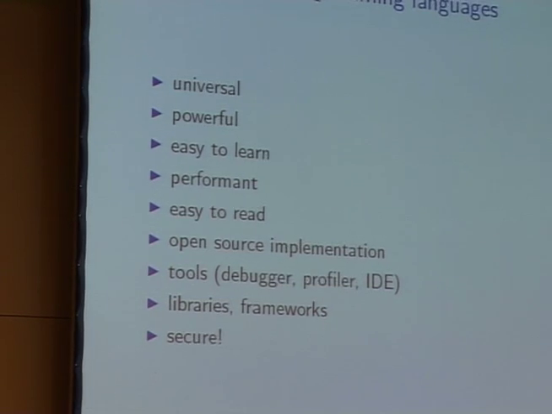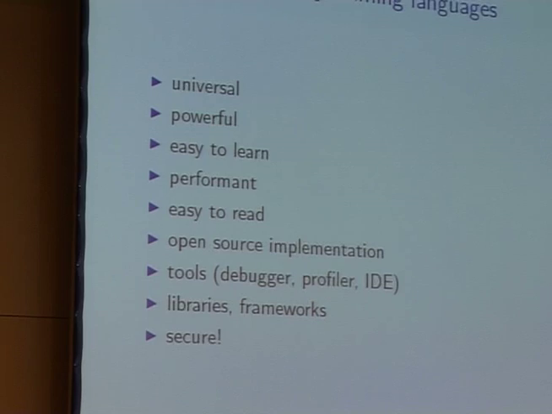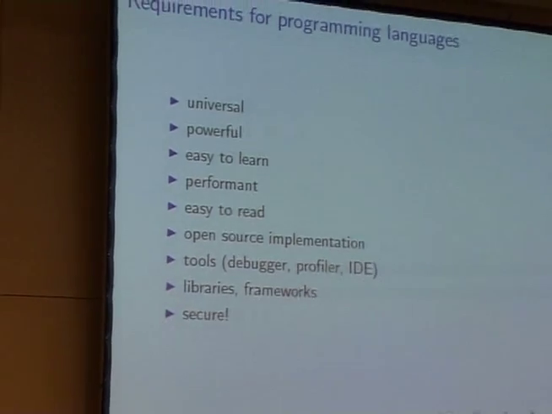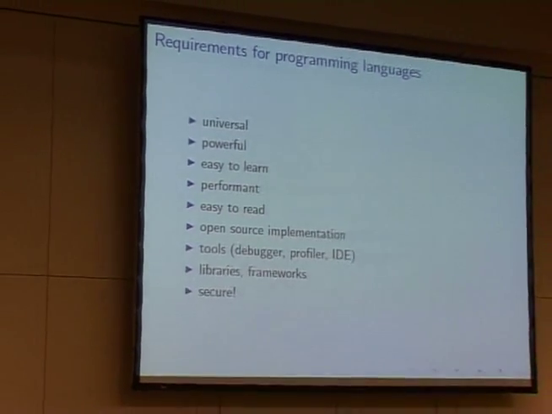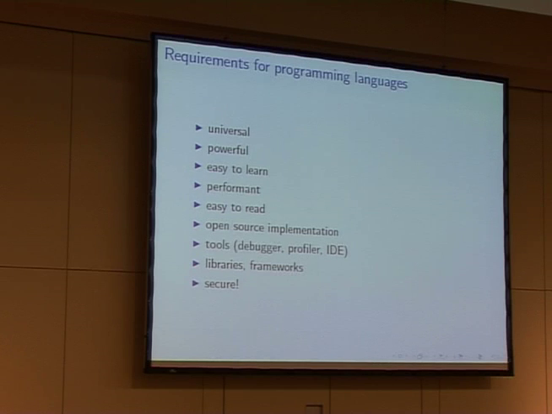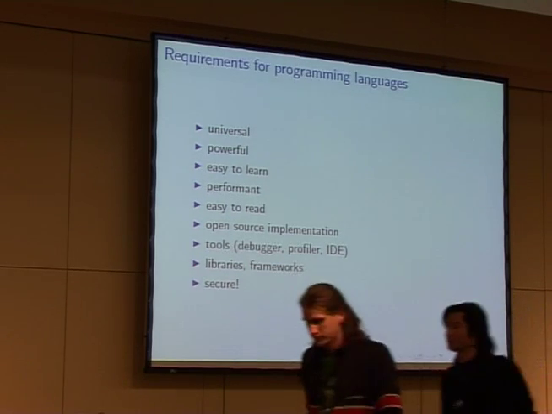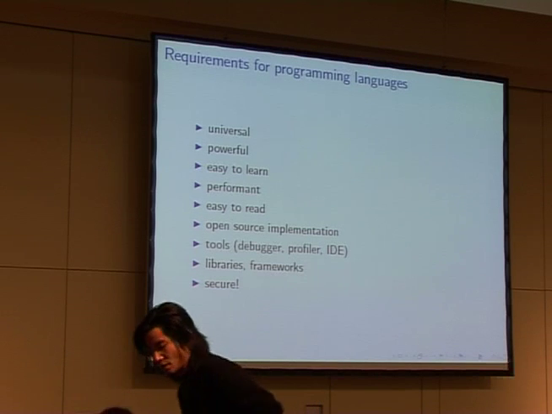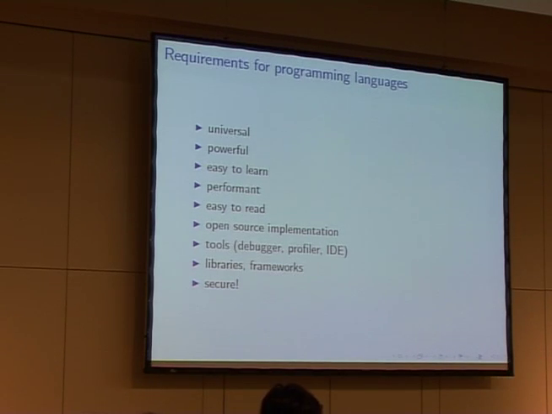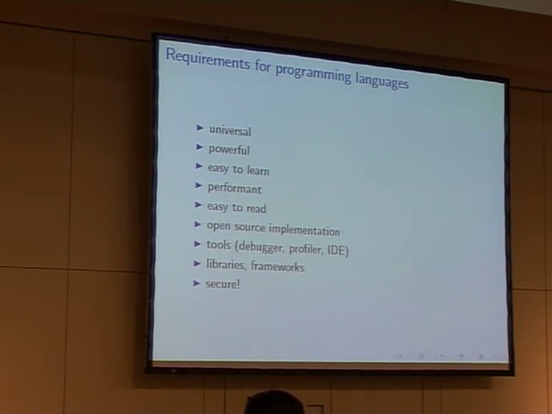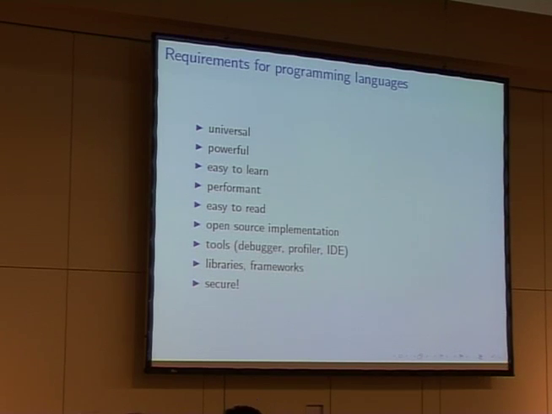So if you look at existing programming languages, they fulfill some of the requirements here, some of the requirements there. C, for instance, is really, really widespread, and it's pretty easy to find a library doing things in C. It's universal. People write all sorts of code in C. Performance is very good.